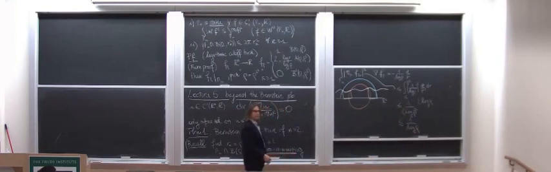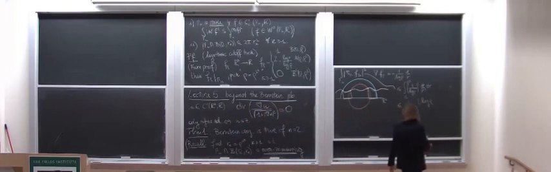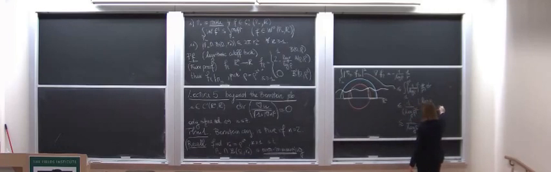Now we pick rho equal to rho to the power 2 to the k, and let k go to infinity.